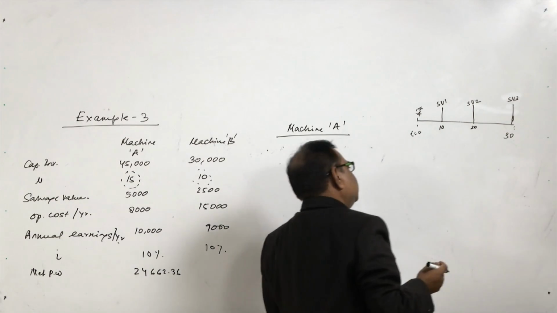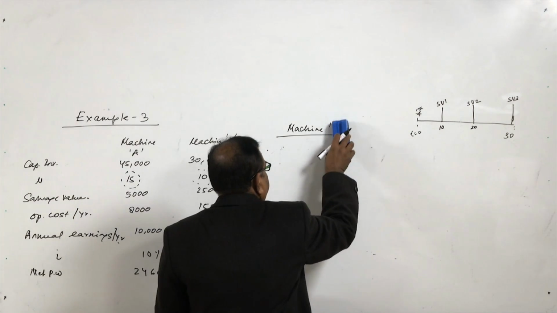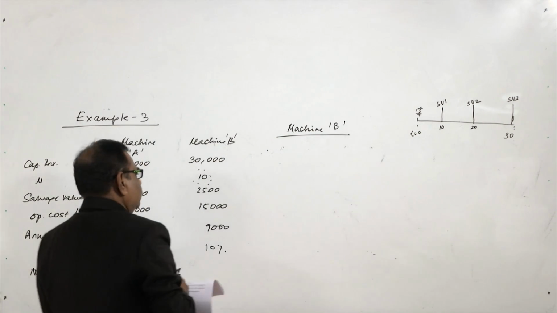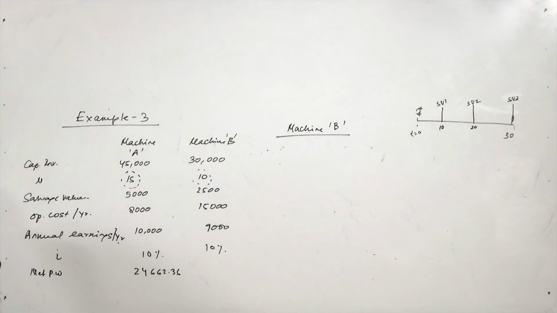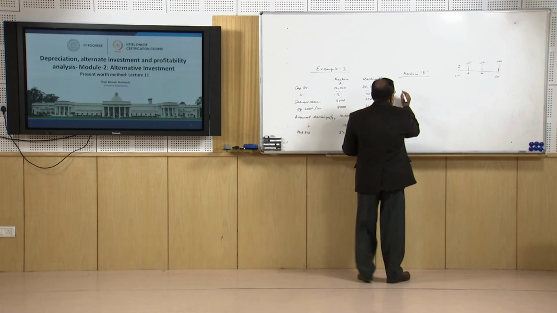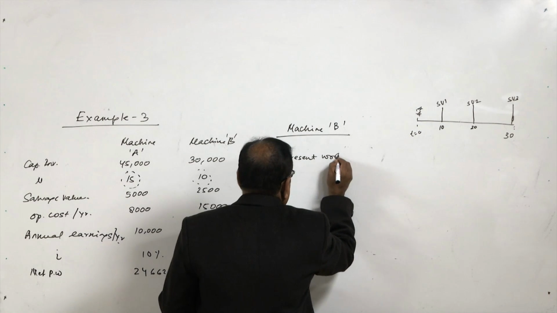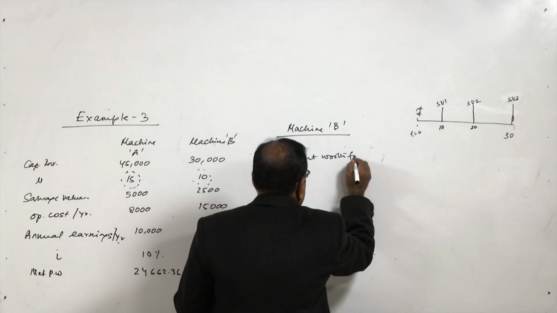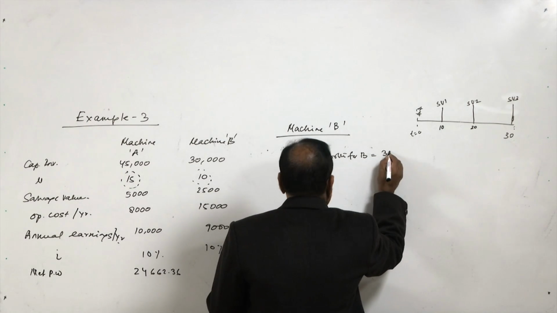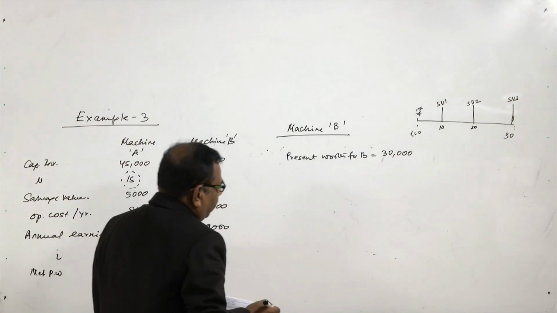There will be 3 salvage values for machine B. So, present worth for B is 30,000, because at t equal to 0 I will spend this 30,000.